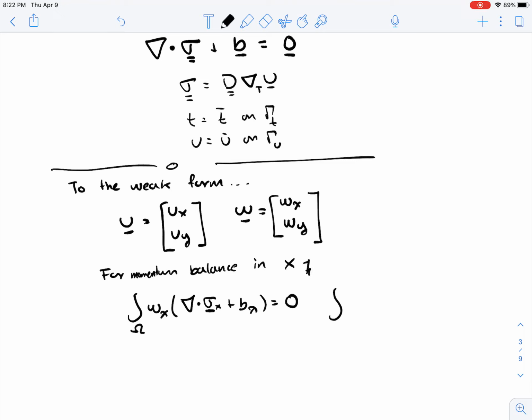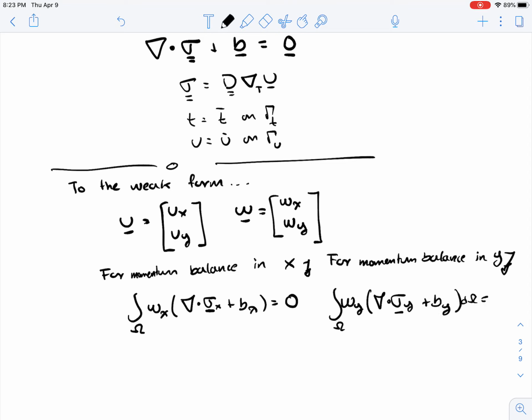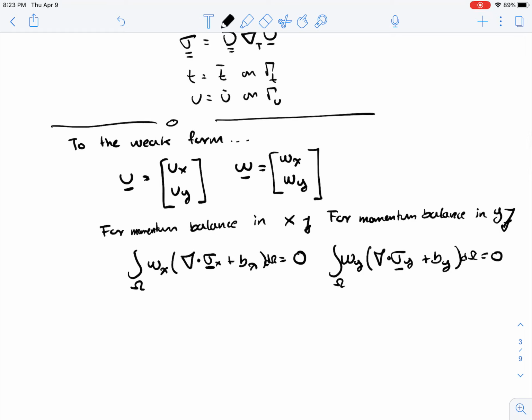So I multiply by the weight function and integrate, but now I have two equations. So for momentum balance in y, I'm going to end up with the integral over the domain omega of wy times the divergence of sigma y plus by equals 0. So this is similar to the heat transfer problem, just times 2. One for the x component, one for the y component. So at this point it looks the same.